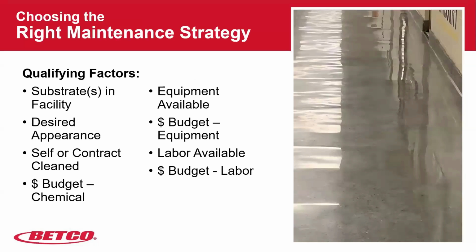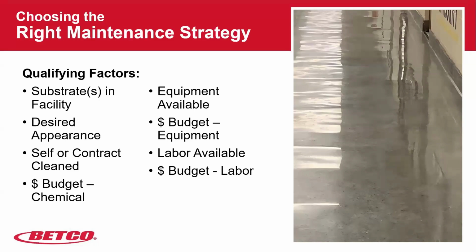The first thing when we start talking about the right maintenance strategy for a facility is identifying a number of qualifying factors. First of all, we need to take a look at what are all the substrates in the facility, and then what is the desired appearance of that substrate?